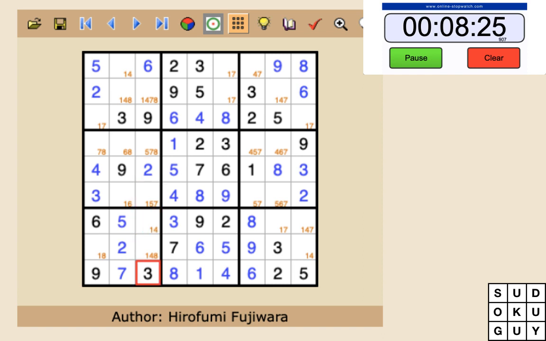Have to have a 4 here or here. So this is not a 4. Already 5 in this column.